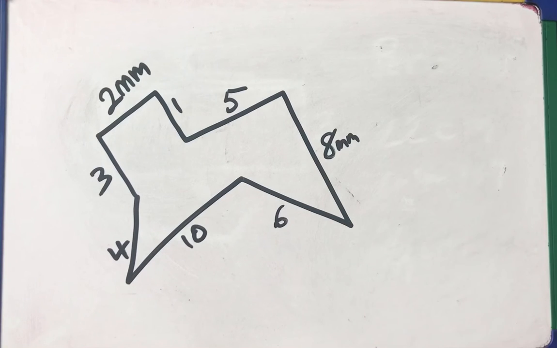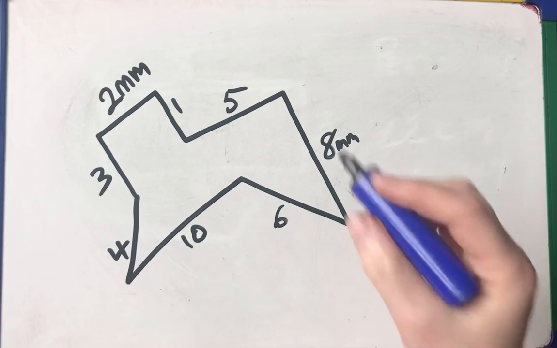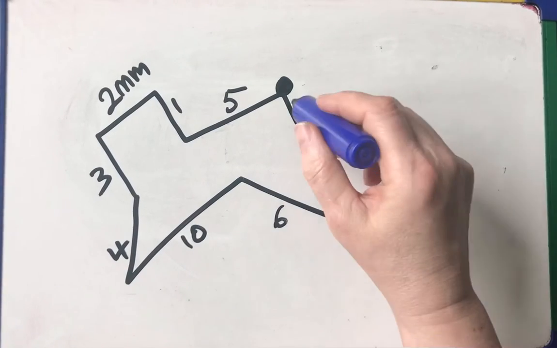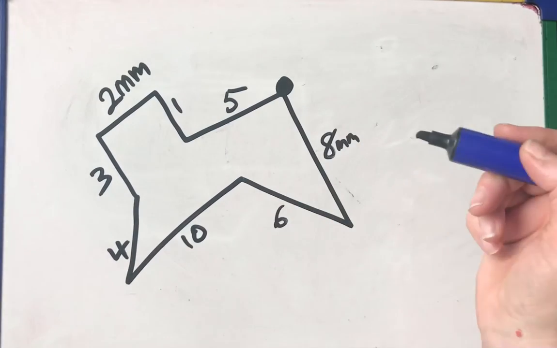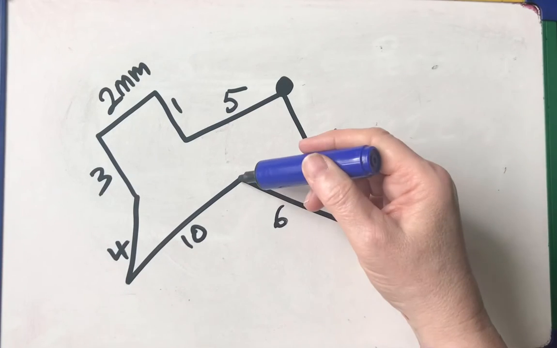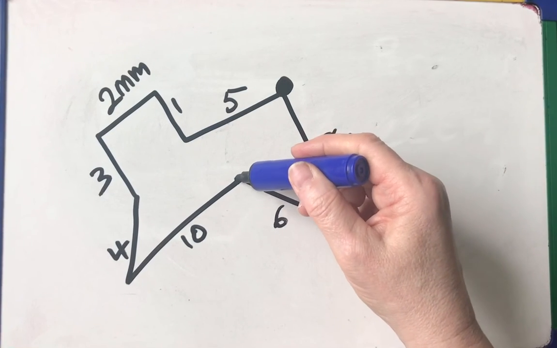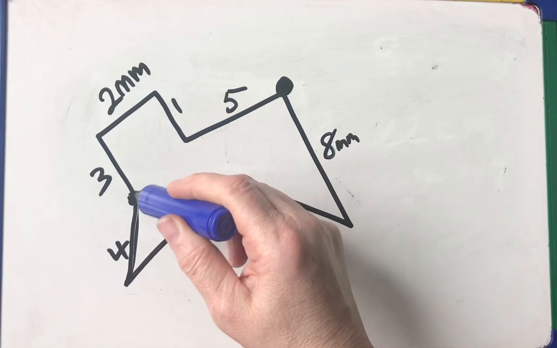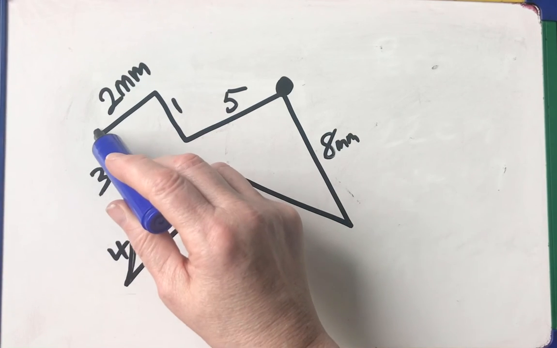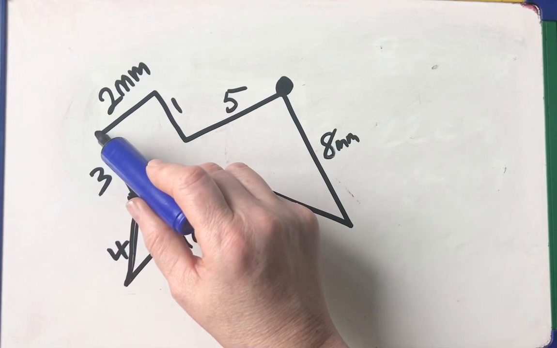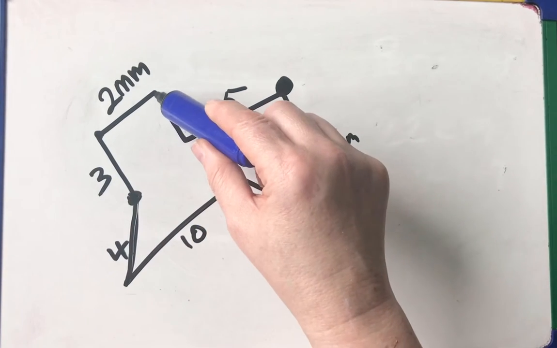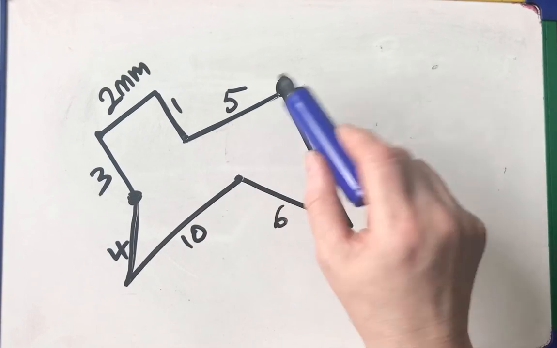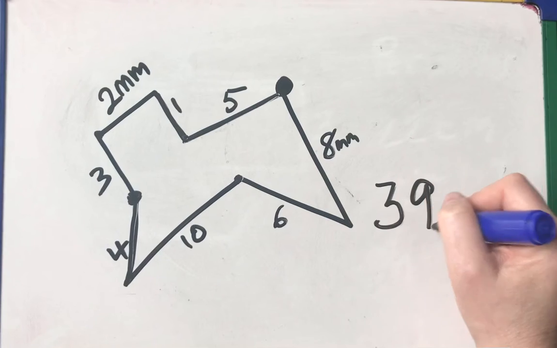Right, I'm going to choose a starting point. I'm going to start here, just for a change, because it really doesn't matter where I start, as long as I go all the way around and I don't miss anything out. 8 plus 6 is 14. 14 plus 10 is 24. 24 plus 4 is 28. 28 plus 3 is 31, 32, 33, plus 1 is 34, plus 5 is 39 centimetres.